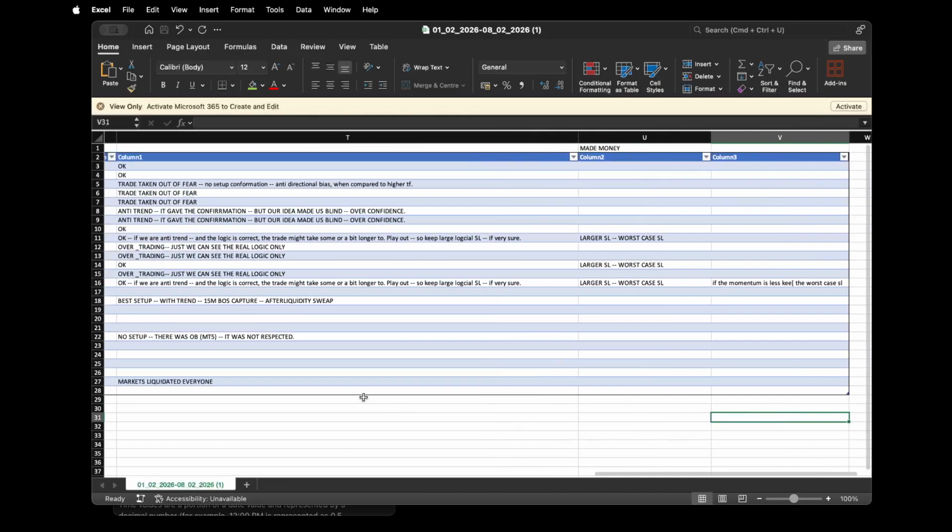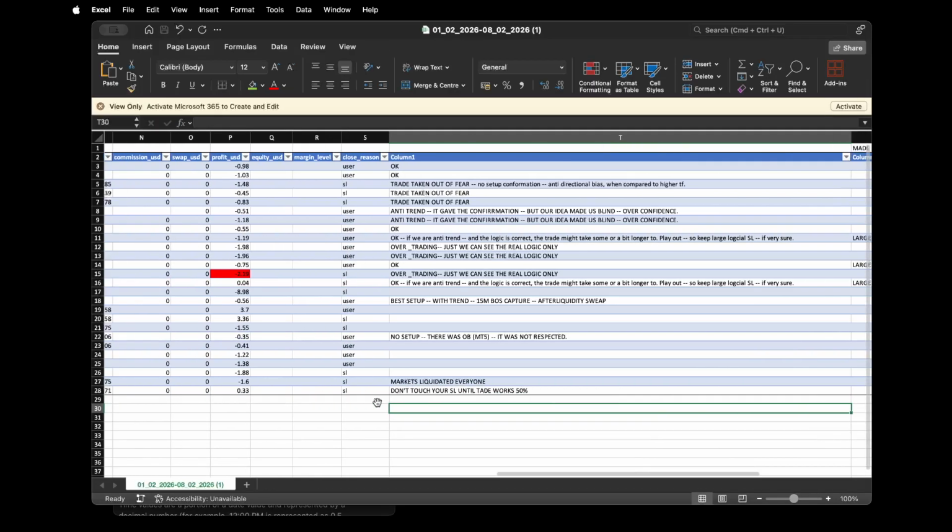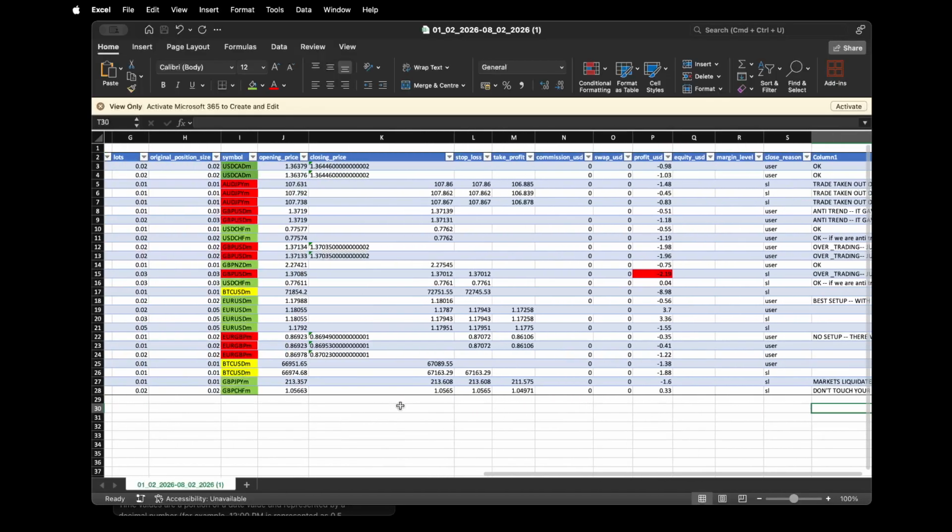The learning from here is don't touch your SL until the trade works 50%. That's the learning. Don't touch your SL until the trade works 50%.